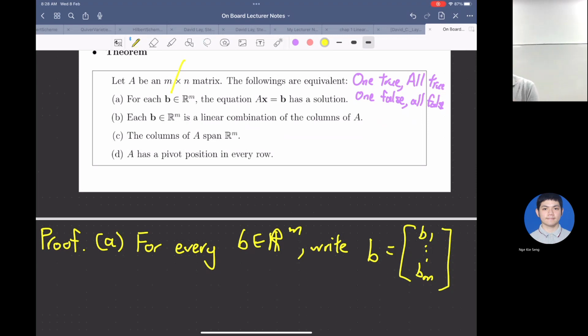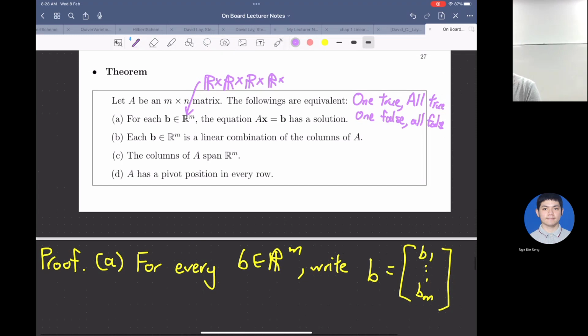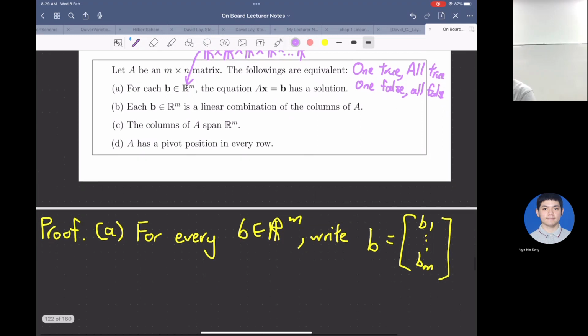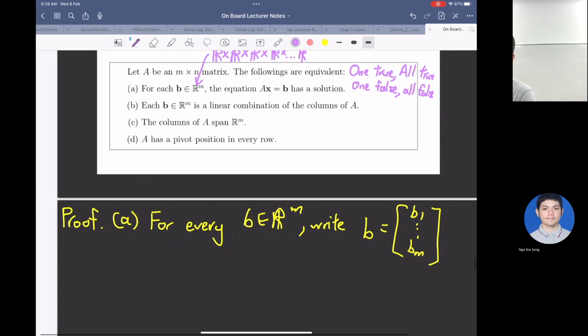So I think I haven't mentioned this notation. Rm means you have m real numbers, so you have m scalars, and then the equation Ax equals b has a solution.